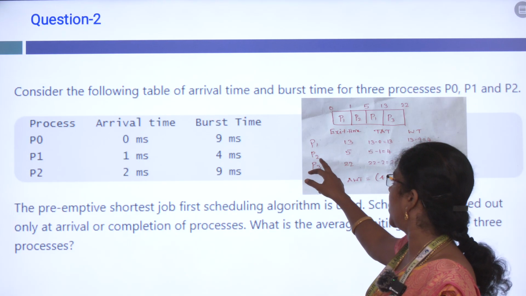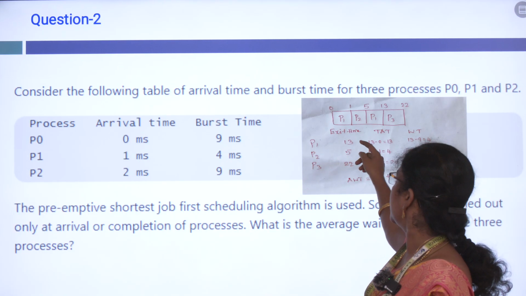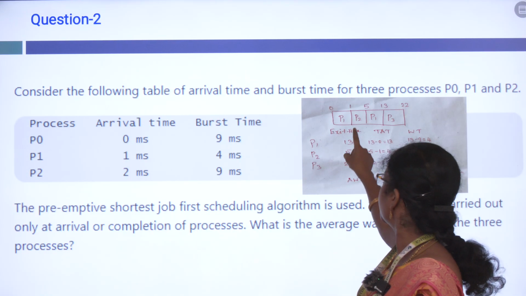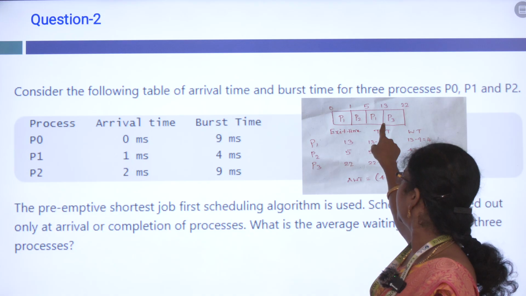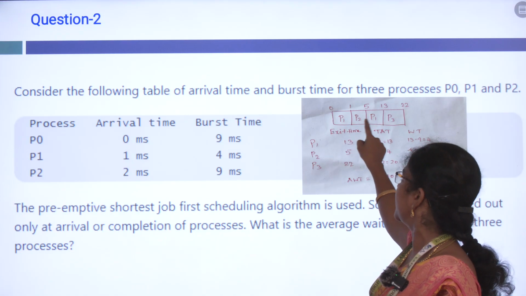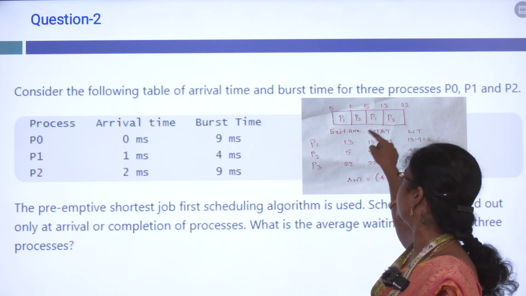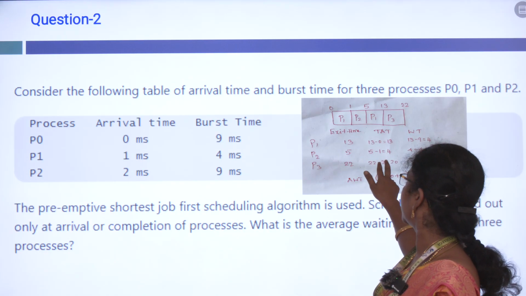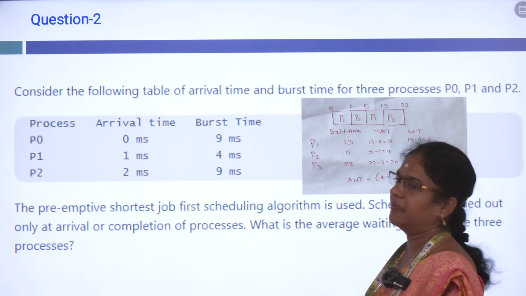Okay, so here P1, P2, P3. This is the exit time, which is nothing but the completion time. So the P1 final completion time is 13, P2 is 5, P3 is 22. Now you calculate the turnaround time and waiting time.